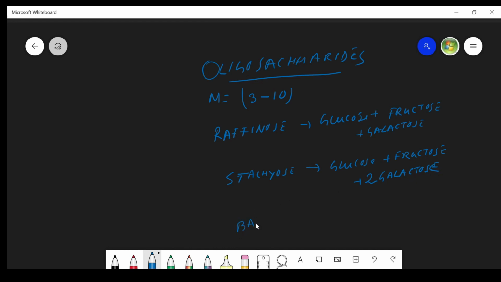Then another example, verbascose. It is made up of 2 molecules of glucose plus fructose plus 2 molecules of galactose.